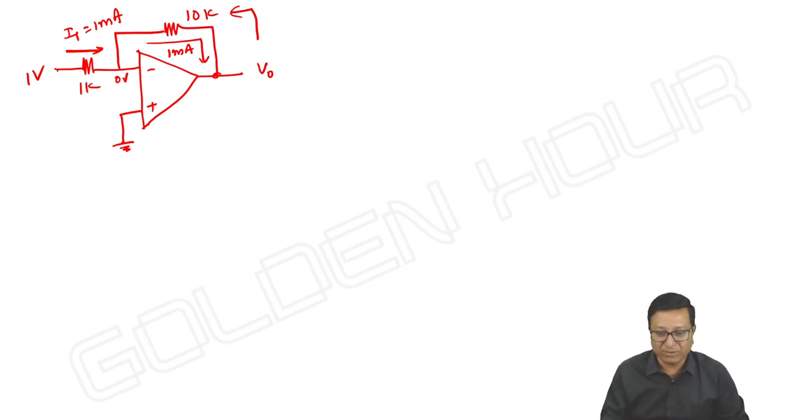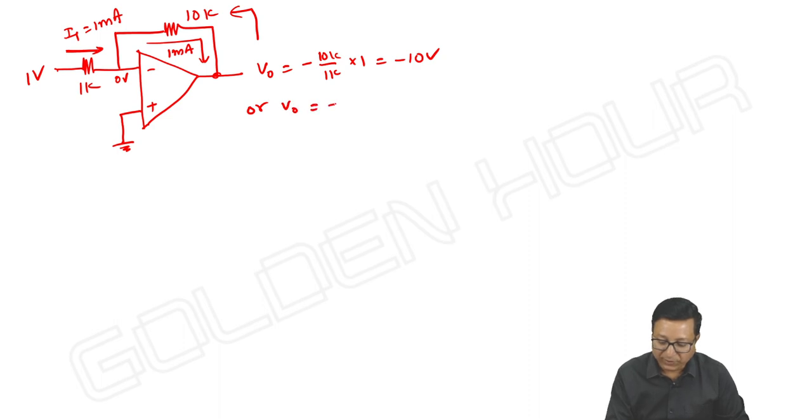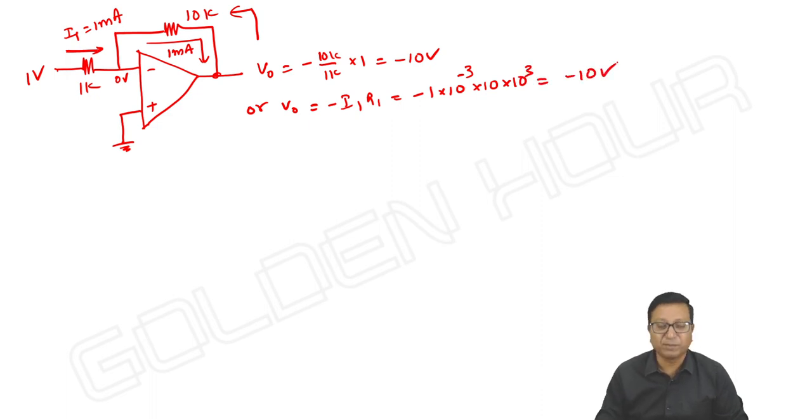So that is minus 10 volts, or V output is equal to minus 10K by 1K into Vi. It is minus 10 volts. Or V output is minus I1 into R1, that is minus 1 milliampere into 10 kilo ohm. However you do, you get the same result.